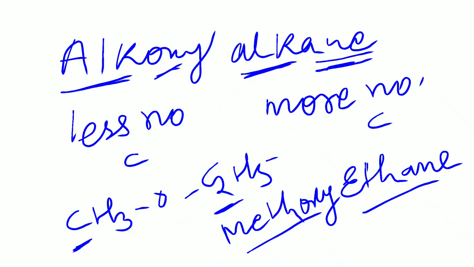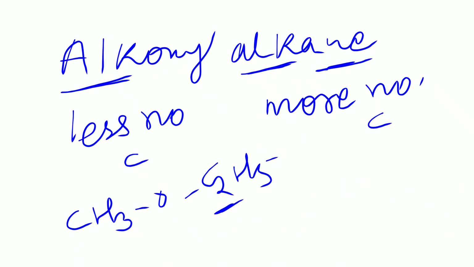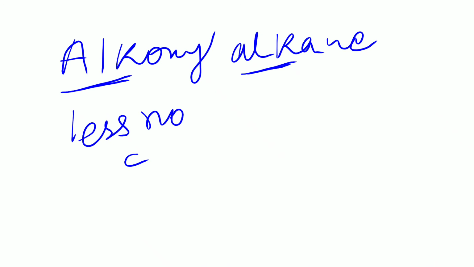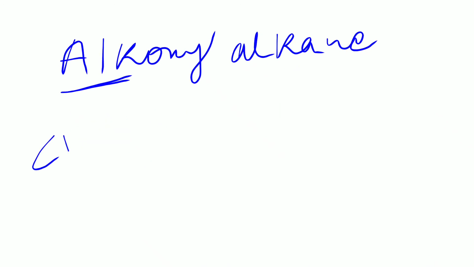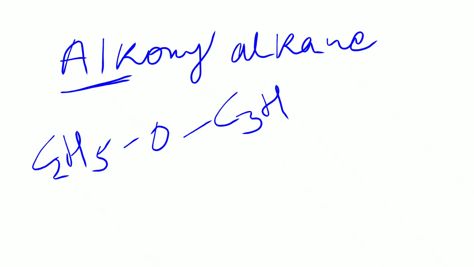Let's take another example of the same category. You can write C2H5OC3H7. This has fewer carbons, so we write ethoxy.